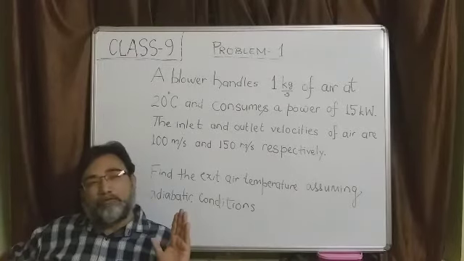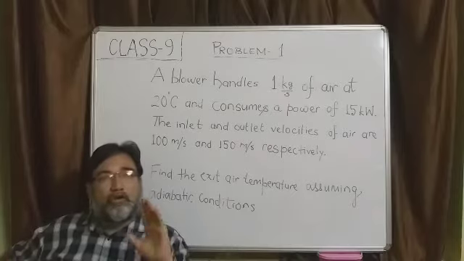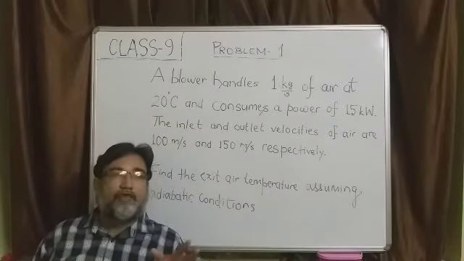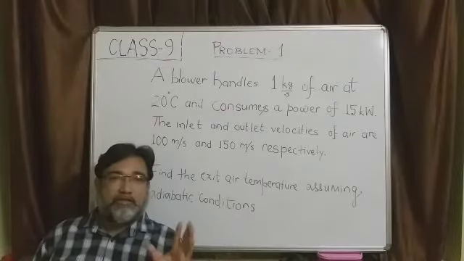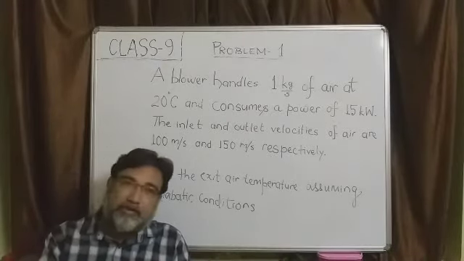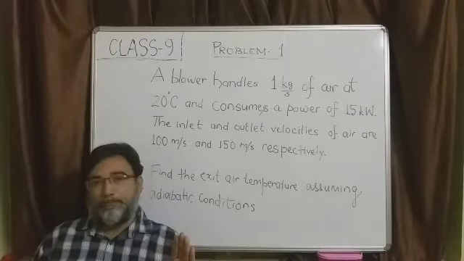You will be seeing that you are given everything except one unknown, and the only way is to put the known quantities in the steady flow energy equation and get the only unknown that you are supposed to find out.